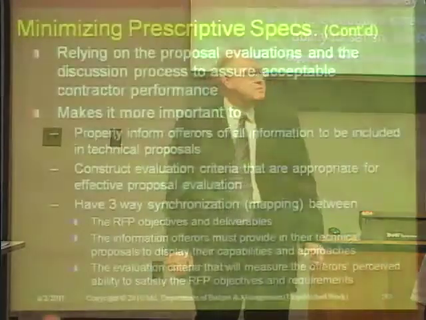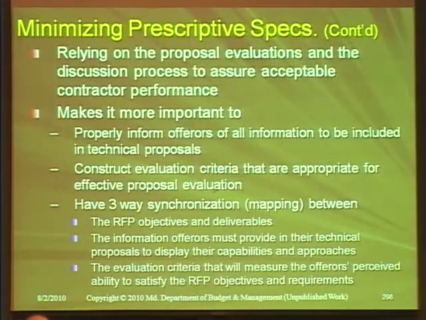Okay, let's see. So relying upon proposal evaluation discussion makes it more important to properly inform offerers of the information to be included. You need to construct your evaluation criteria to allow you to properly evaluate what it is you're telling people to submit to you. And there needs to be what I call the three-way synchronization.